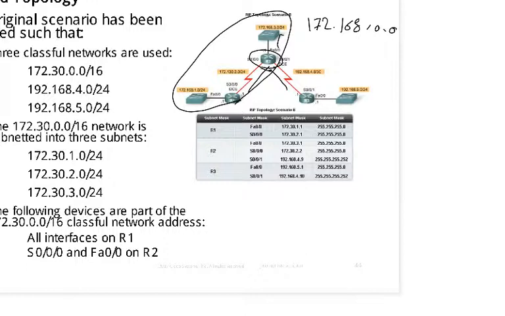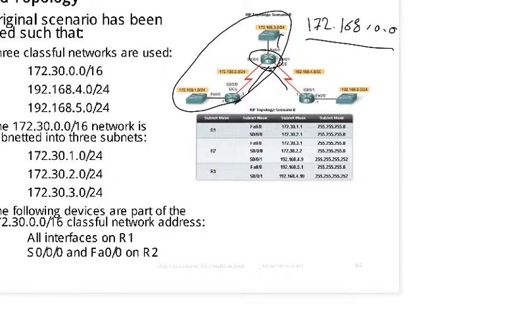Remember that here we have multiple subnets, for example 172.168.3.0 or .4.0 or .2.0. But router 2 running the RIP protocol will be able to figure out that it can summarize all these networks using this address. And it happens that this address is a classful address, right?